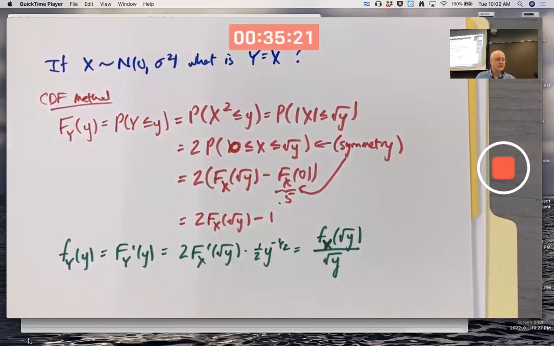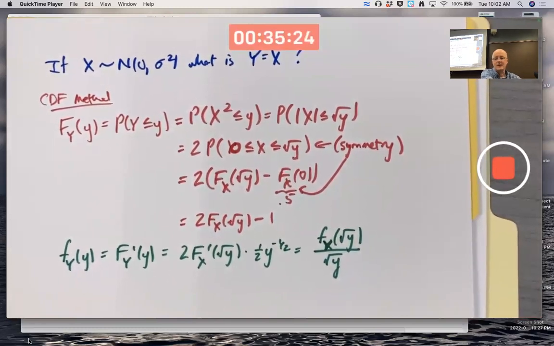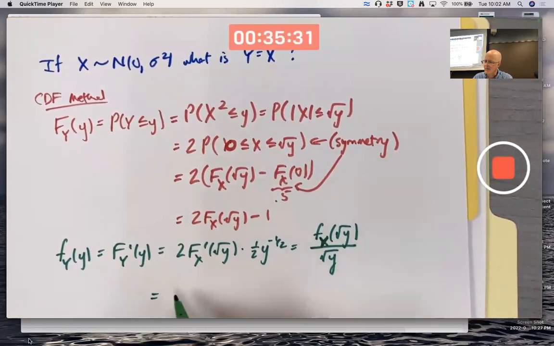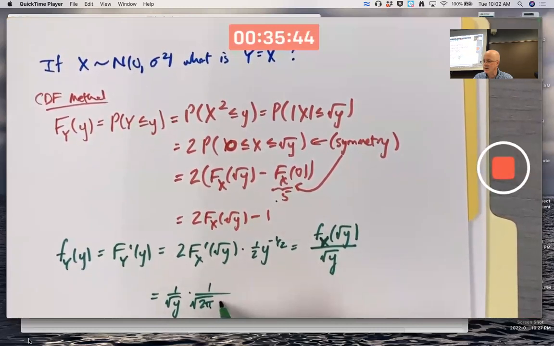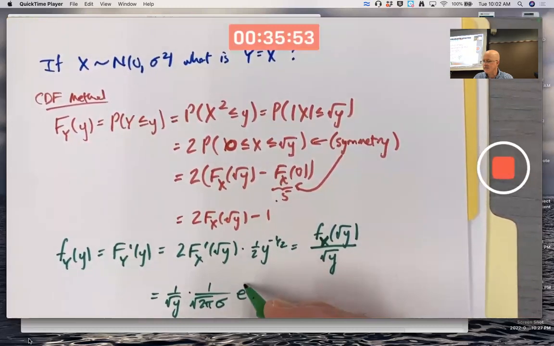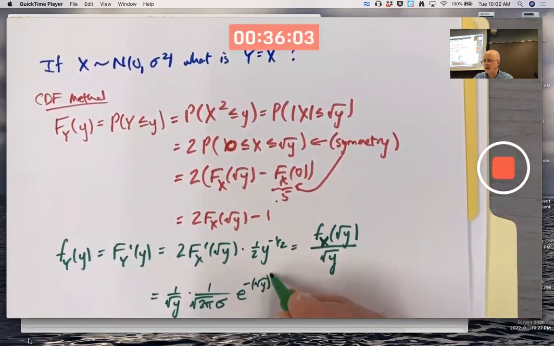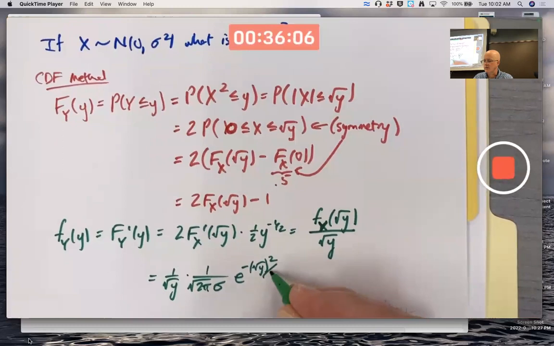So now we do our lookup in the table. Well, maybe I should just do it from memory here. 1 over square root of Y, and we already wrote down the normal distribution PDF before today: 1 over square root of 2 pi times the standard deviation, which is unspecified, sigma, times e to the negative, replace x with square root of y, square root of y squared over 2 sigma squared.